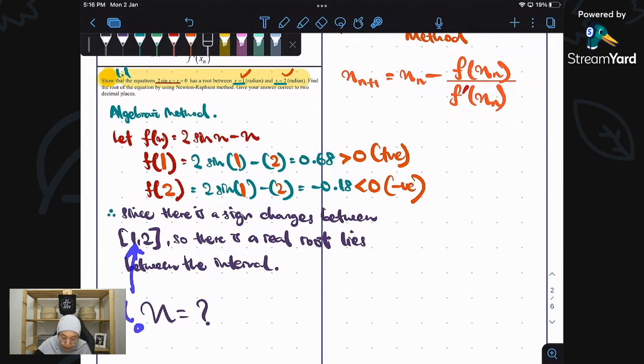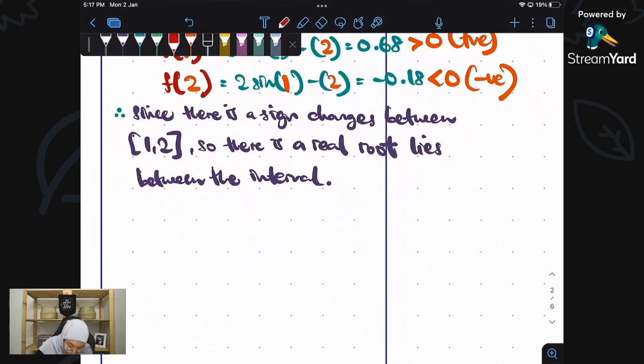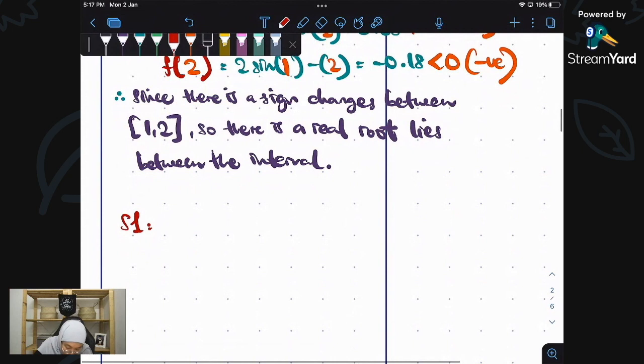The initial value that we want to try is 1.5. I think 1.5 is the middle value that we can try. So let's do it. Now we get into the Newton-Raphson method, because the question asks us to use it. It says by using the Newton-Raphson method, find the value of x. The first step is to find f prime.